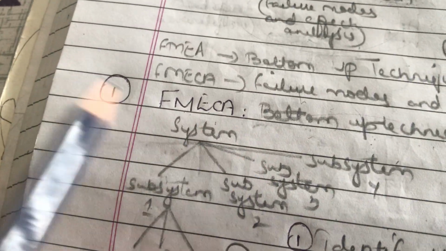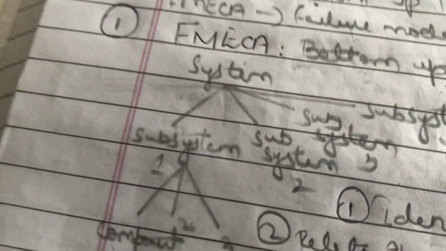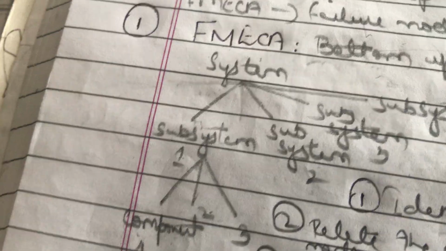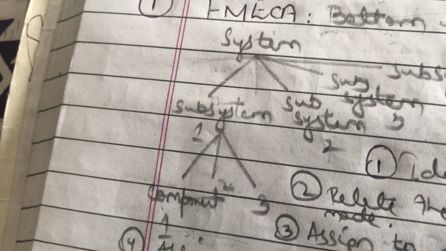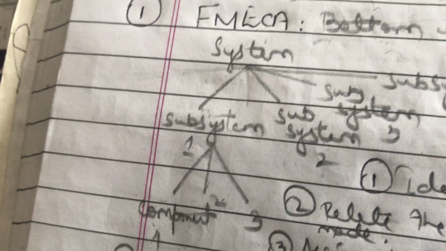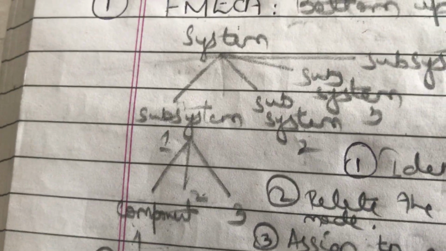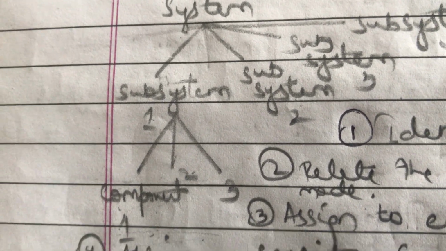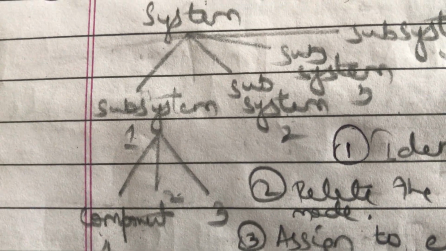In the top down technique, we go from top to down. First we see the system. Like we have a power detector, or a power water stream or something like that.